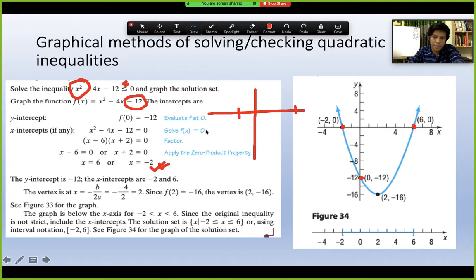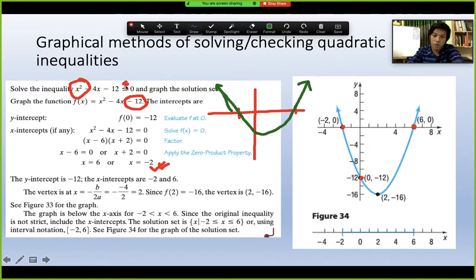It does not matter where your other points are, because you can decide very quickly for your answer. You know that the graph will be up opening. One intercept is here, another intercept is here. So our graph must be somewhere here. Where exactly we do not know, but from minus 2 to 6 our graph has to be there.